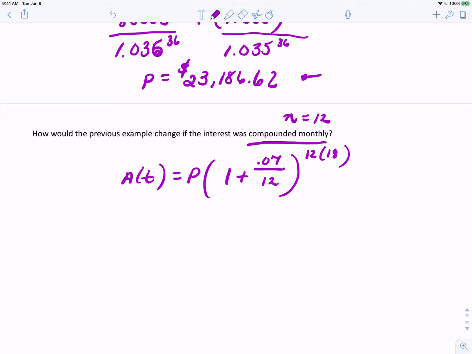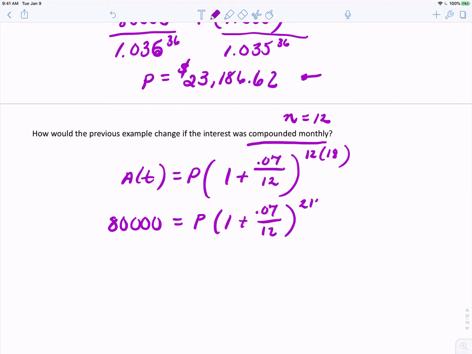So if we do that, we'll have our final amount that we still want is $80,000 is equal to P times 1 plus, now this is an ugly decimal, so I'm going to just leave it as a fraction for right now. 18 times 12 is 216.